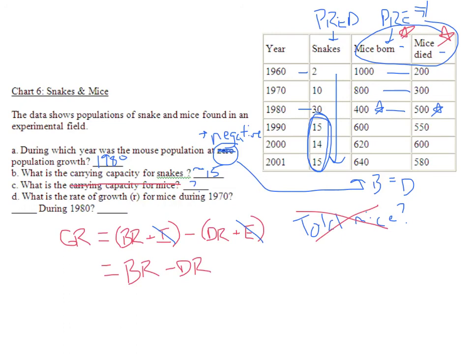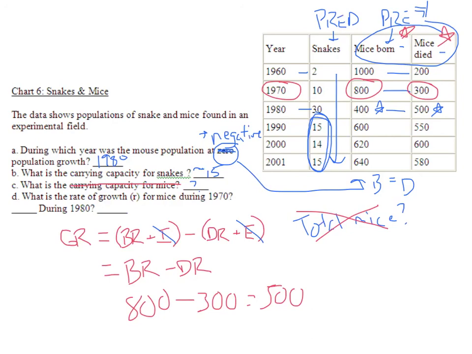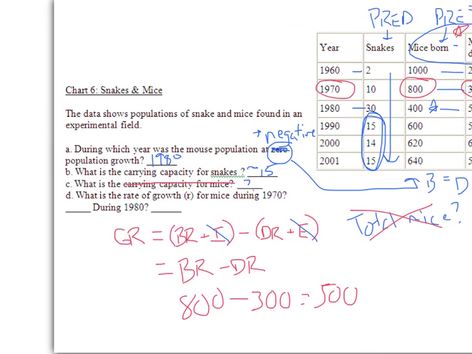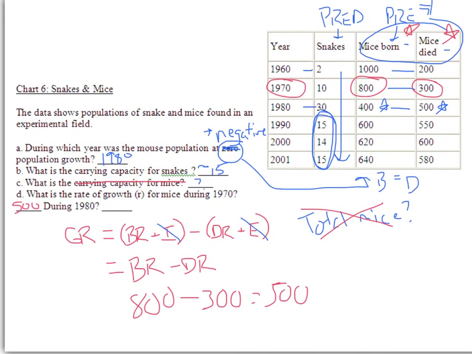So for these mice, first we want to look at 1970. Here's our birth rate, here's our death rate. So in 1970, we're talking about 800 mice born minus 300 mice died, so we'd have 500 mice in 1970. Put 500 here. Now in 1980, we're going to do the same exact thing.